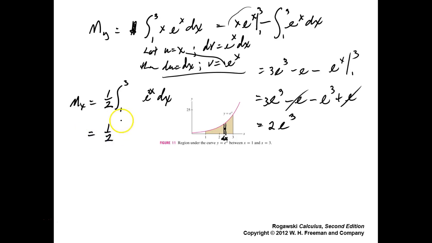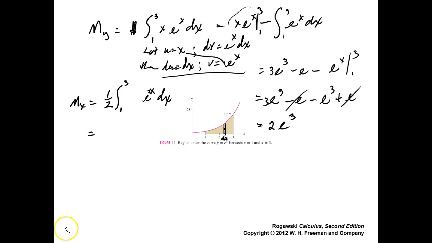1/2. What's the antiderivative of e to the 2x? Oh, yeah, you could. Okay, let's do that. I don't want to stifle your creativity here.